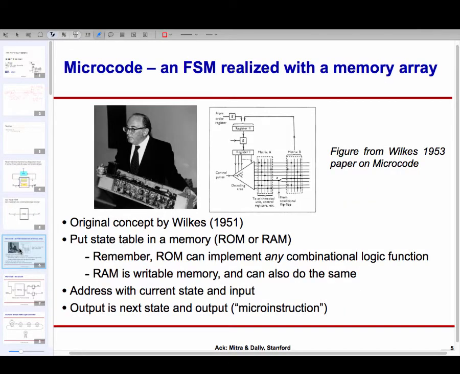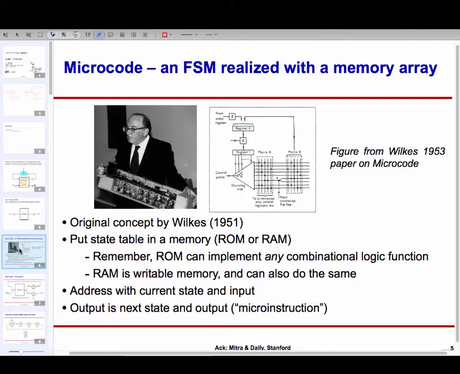That actually is a concept which was realized very early on, and in fact it's one of the first emergences of a general purpose computer. There was this gentleman called Wilkes in the UK. What he did was put our state transition table, the one which encodes the next state and the output, into a ROM or a RAM.